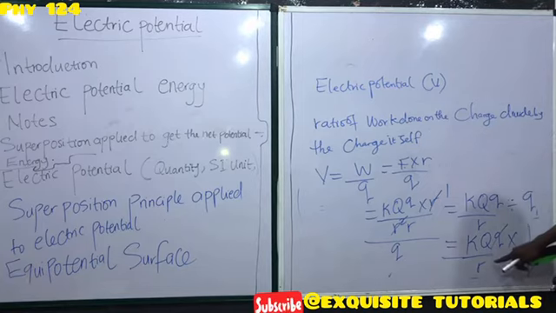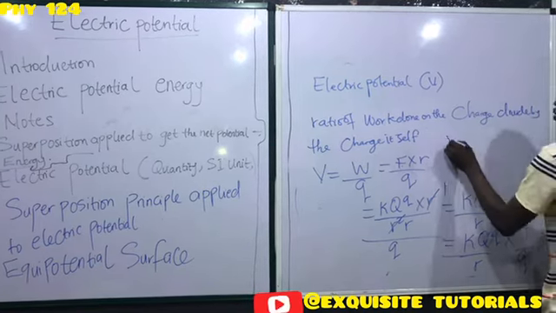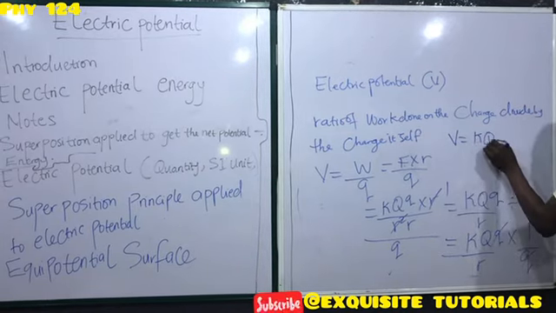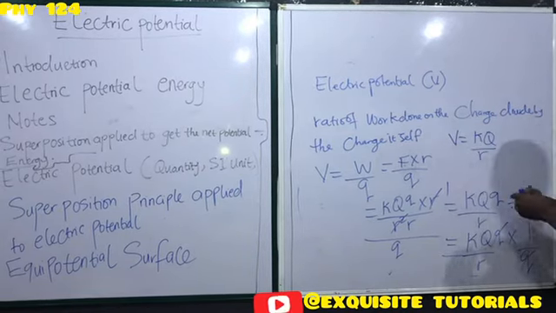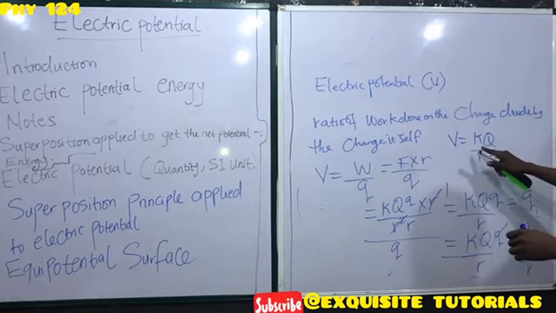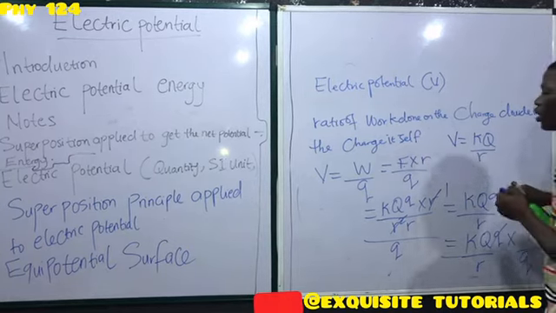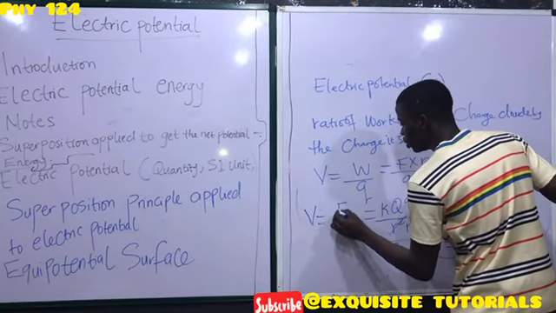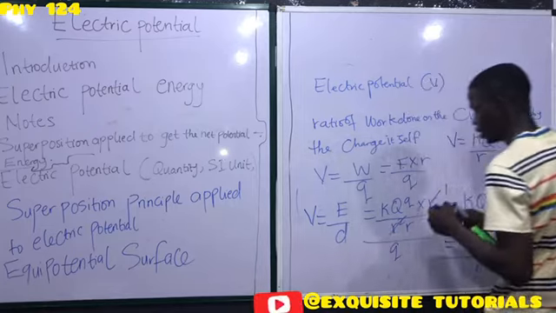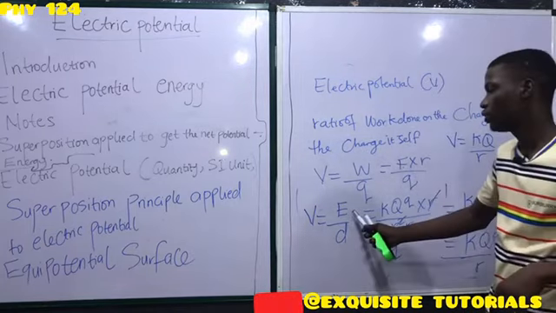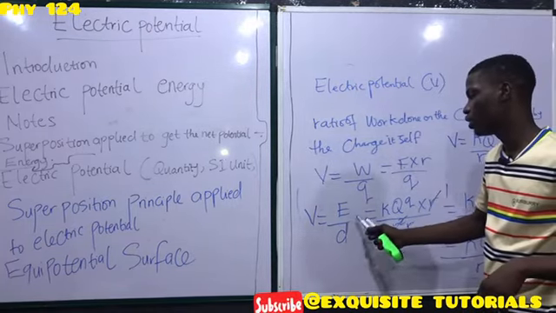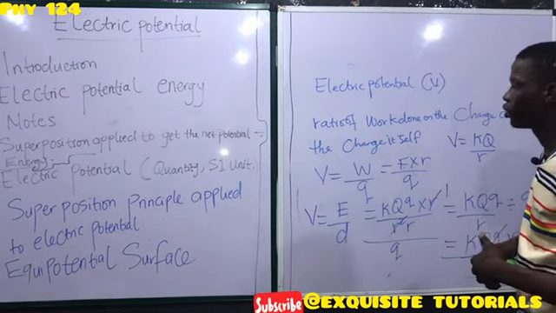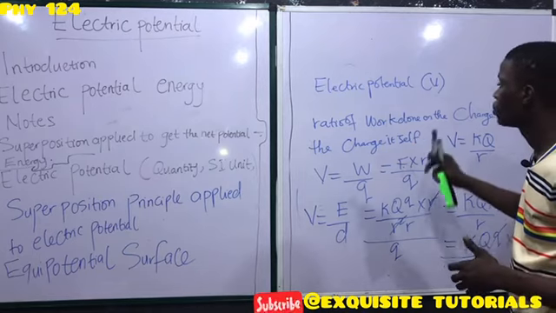So we'll now find out that for electric potential, V is equal to kQ all over r. V is also equal to E all over d. That is to say, the electric field intensity over the distance between the plates is another way to calculate the value for the electric potential.